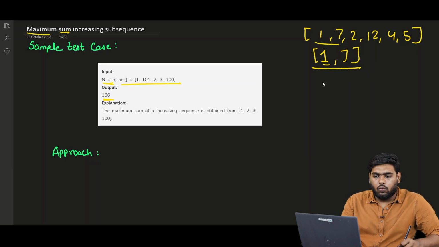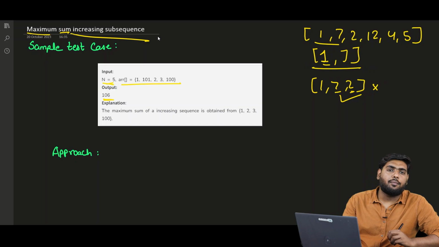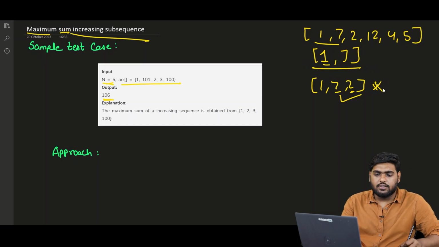Now if I take 1, 7, 2, is this a strictly increasing subsequence? Well, it is not, because you can see that 7 and 2 are not in sorted order. That means this is a subsequence, but we cannot take that inside this answer that we have to form, right? That means this is discarded.